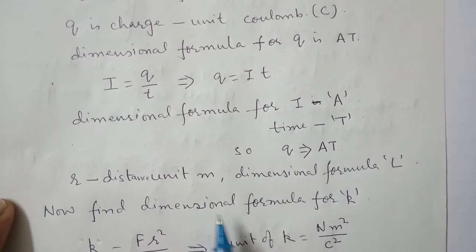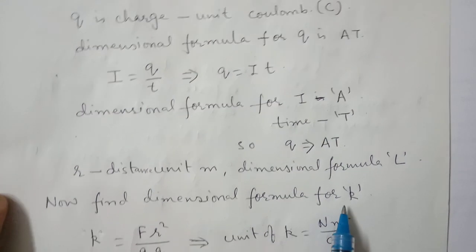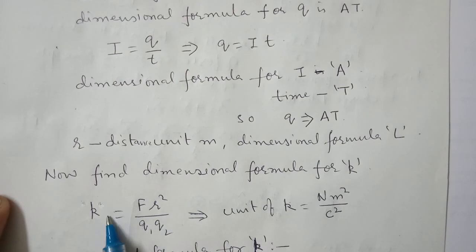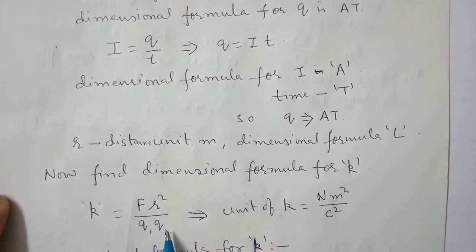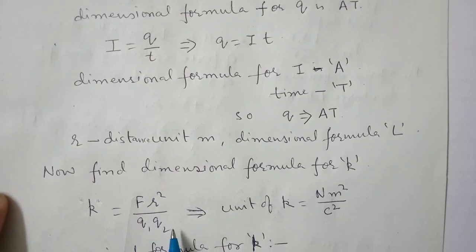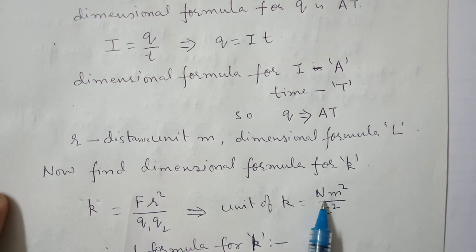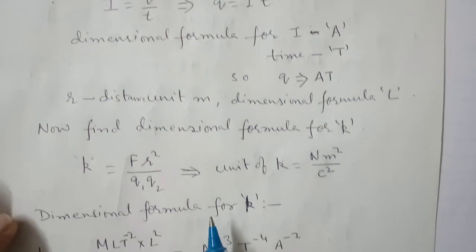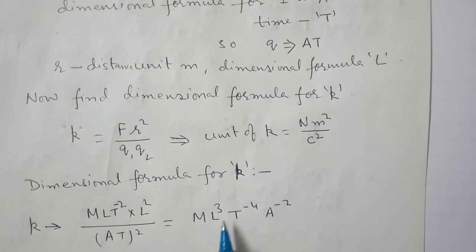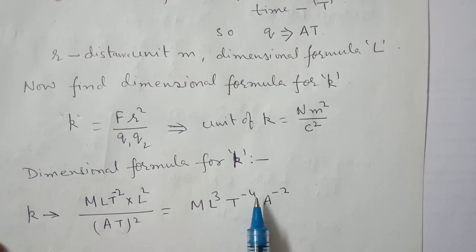Now let's find out the dimensional formula for K. From the formula, K is F R square upon Q1 Q2. The unit of K becomes Newton meter square per Coulomb square, and its dimensional formula becomes mL3 T minus 4 A minus 2.